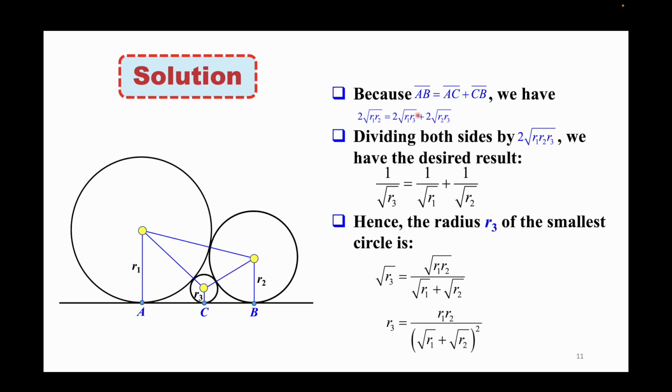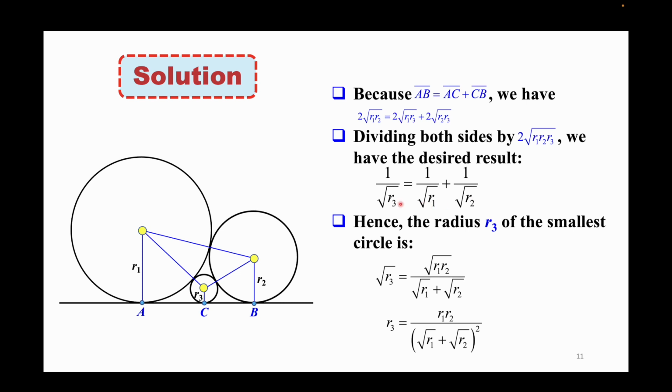Now divide both sides by 2 times the square root of the product of R1, R2, R3. This becomes this. Therefore, we have found R3 in terms of R1 and R2.